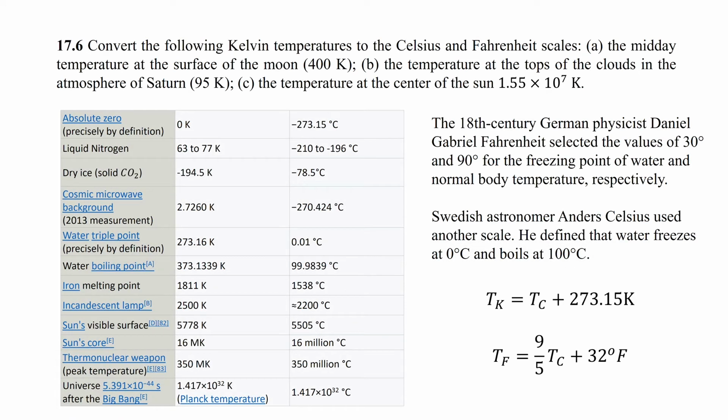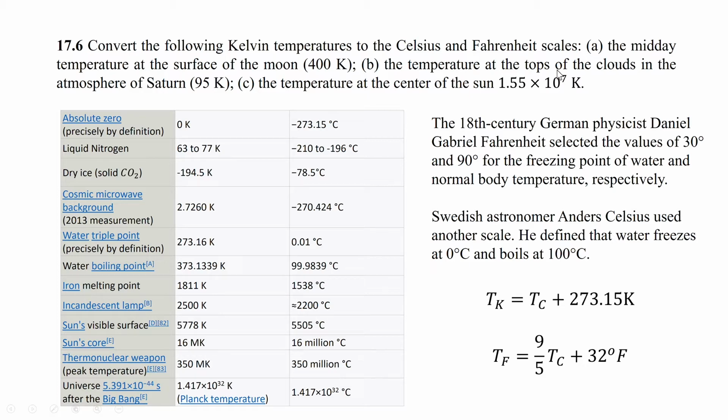So first of all, I'm going to talk about the first question, and you can see I have a description here. This is homework 17.6, and we are going to convert the following Kelvin temperatures to Celsius and Fahrenheit scales.